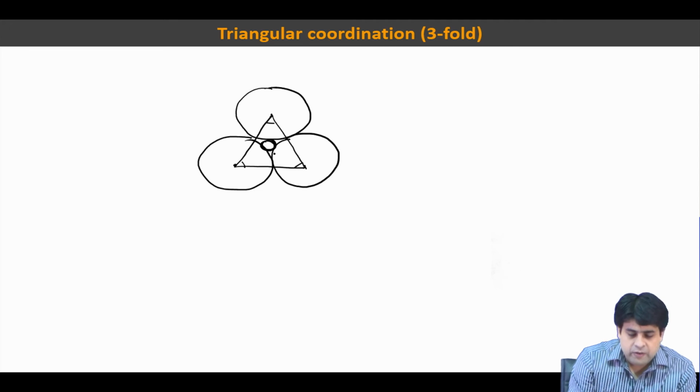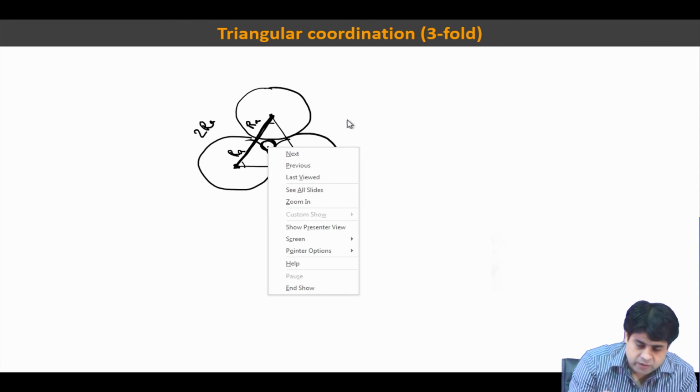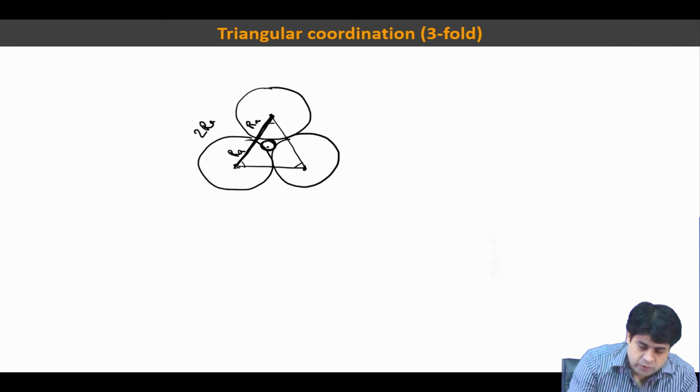If you connect these three points, you make an equilateral triangle, and this distance is Ra and this is Ra, because oxygen is an anion. So, this distance is 2Ra, and if you connect this point with the center of the cation sphere, you make a 30-degree angle, and this distance will be Rc.